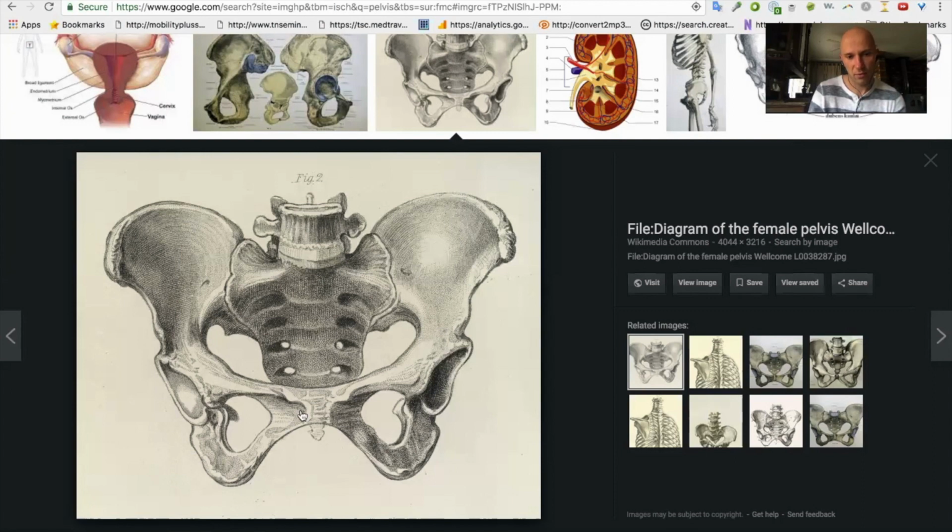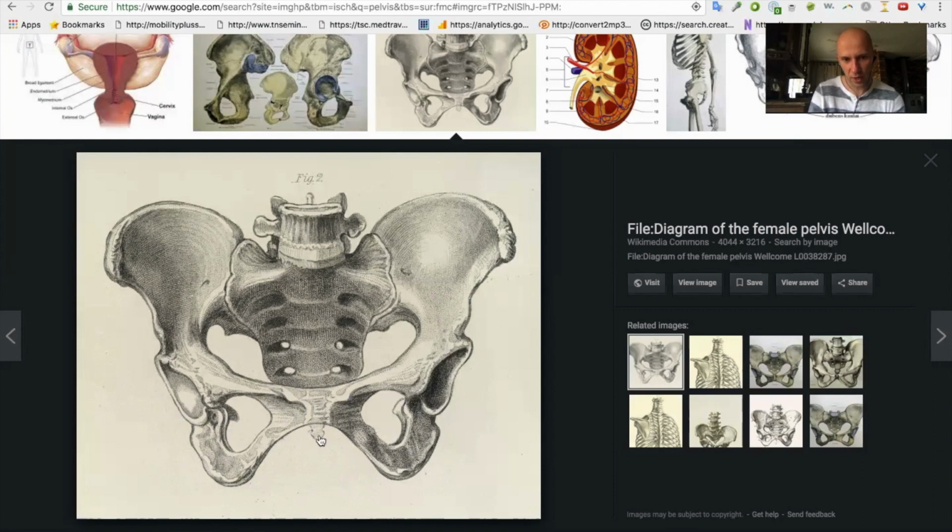So let's say this is narrow. I have a narrow infrapubic angle, which would be right here, because here's your pubis below that. If this is narrow, then this part and this part would be closer together, correct? Right, so your outlets would be closed.